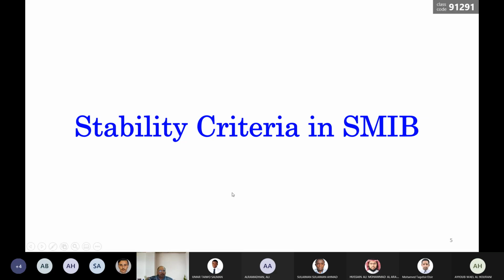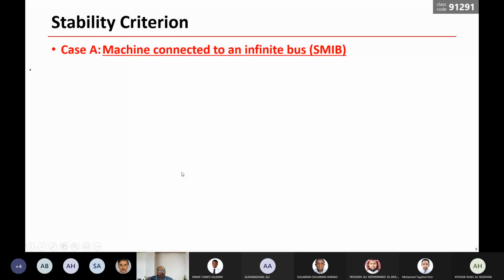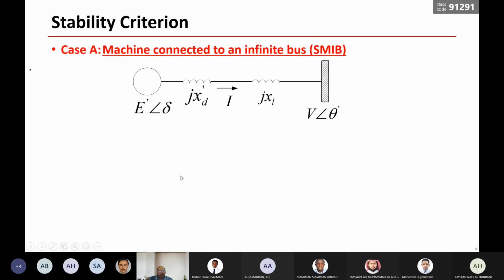Now let us take this machine and connect it to the infinite bus and see what the condition for stability is in this case. This is case A, single machine infinite bus.